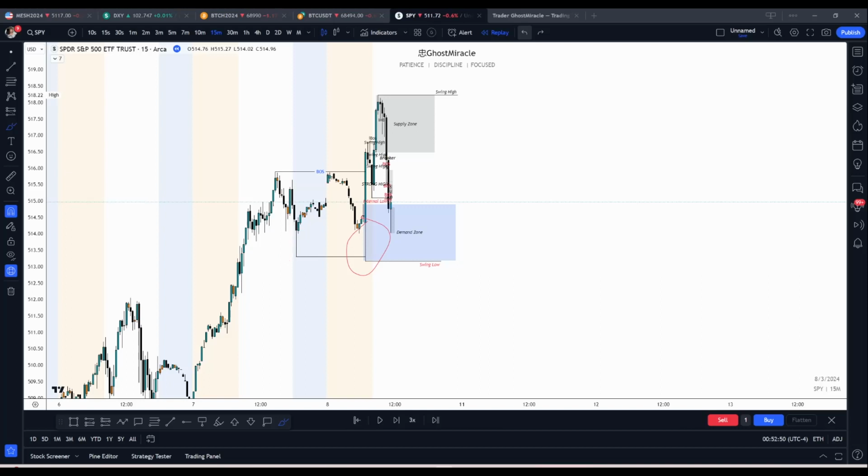So this low technically should have been a strong low, which it is because price never closed below, but price still wicked it. So everybody getting stopped out.